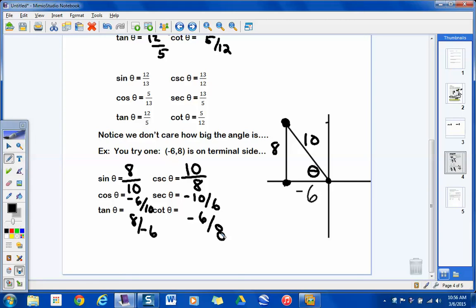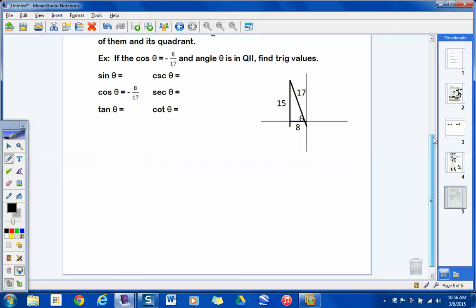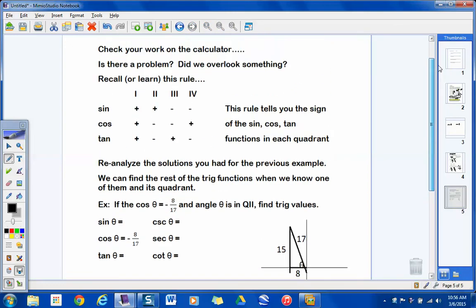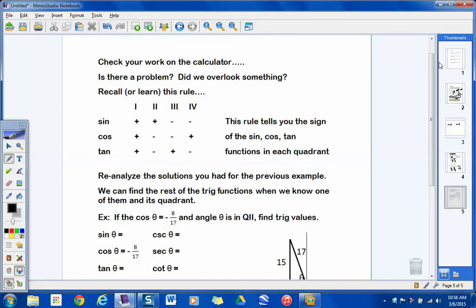All right, second page. You okay with that? All right, let's run on to this third page. I think this is the last page, isn't it? Sweet. Guys, I'm not going to get too excited about what's up here. This basically tells you all the values right here. If you're ever in the first quadrant, sine values will always be what? Positive.